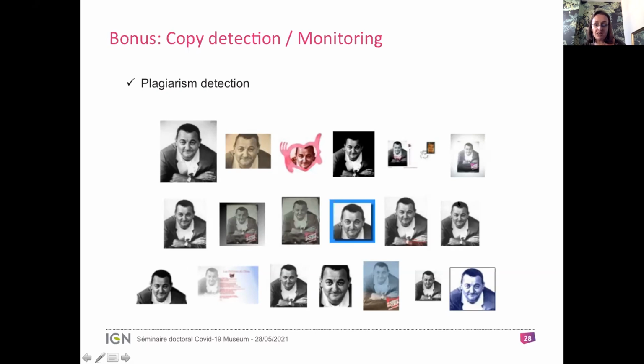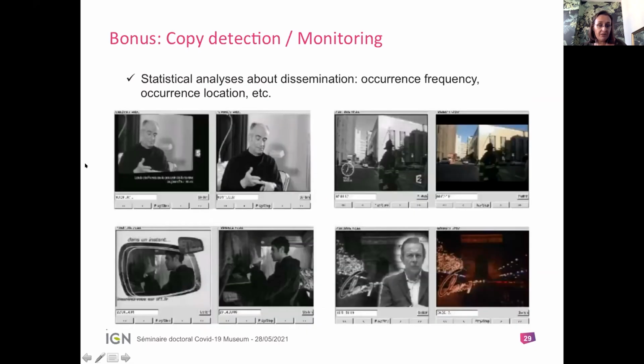It is the same image as this one, but which has suffered from post-production, and so the same image appears in very different appearances. With content-based image retrieval, you can work on such a topic. Of course, the first application is plagiarism detection, but not only. I have other examples here. You can use it for image content and also for video content.